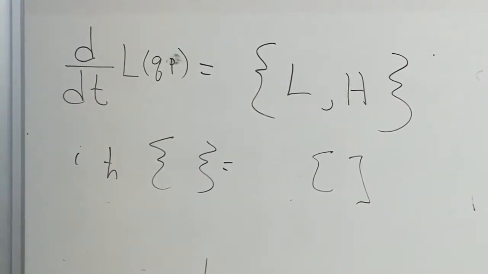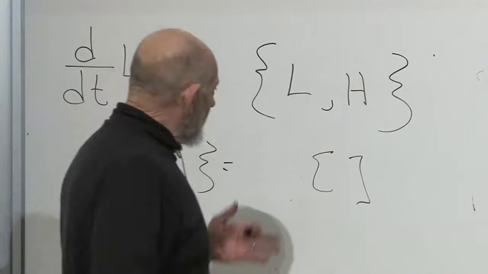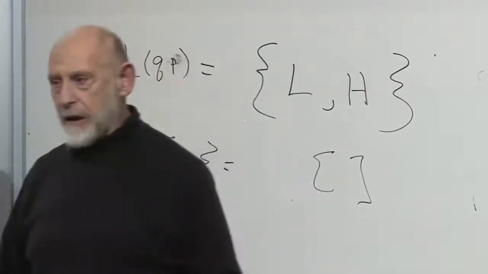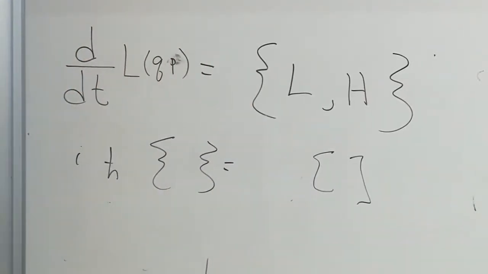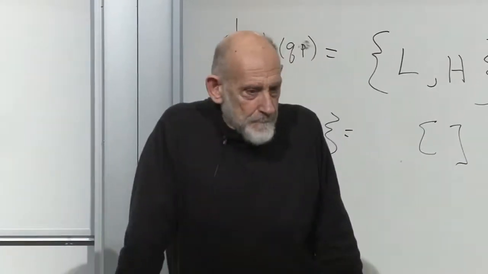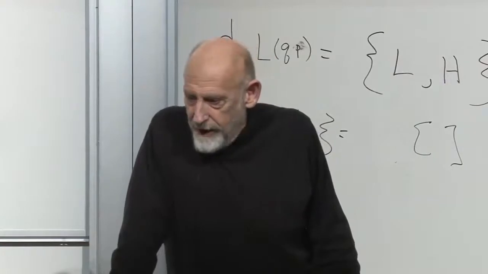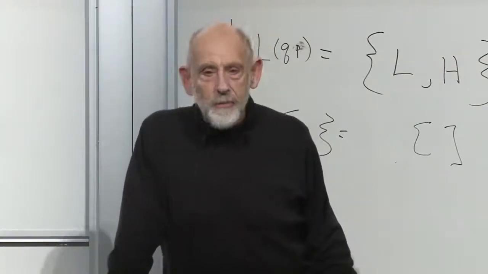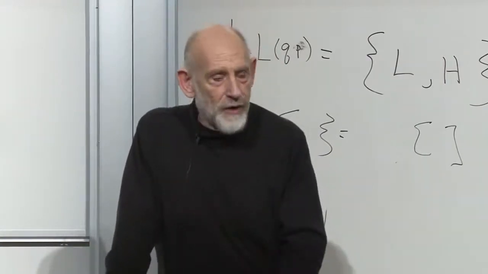Right. It was Dirac who recognized this connection and built his quantum mechanics out of it. He built his quantum mechanics out of making an identification of Poisson brackets with commutators. But of course, quantum mechanics is a consistent subject without having to make any reference to classical physics.